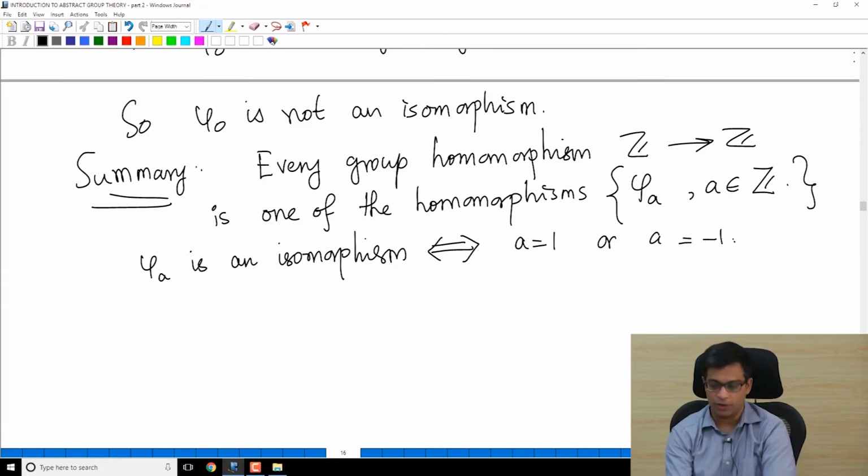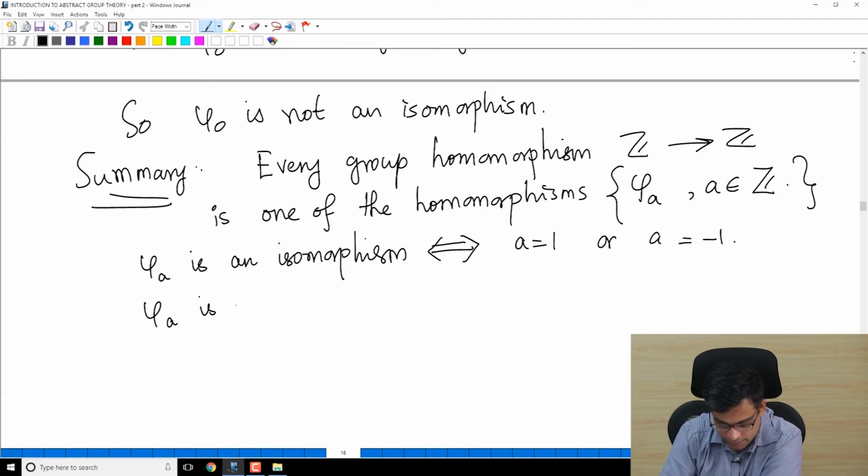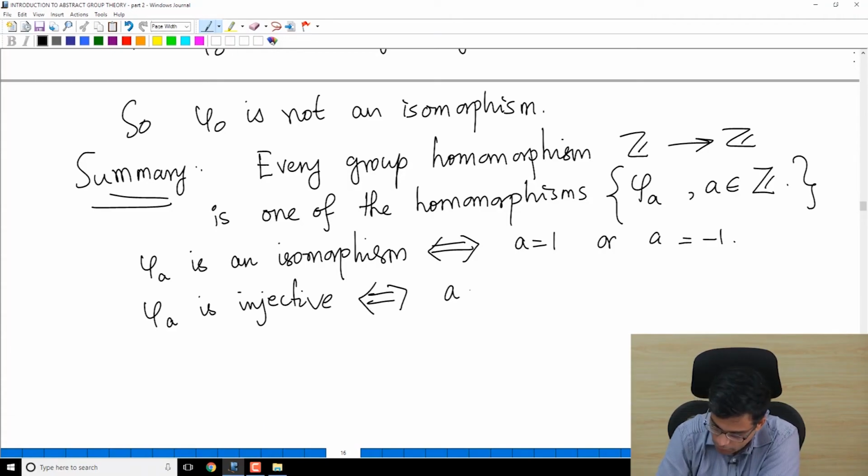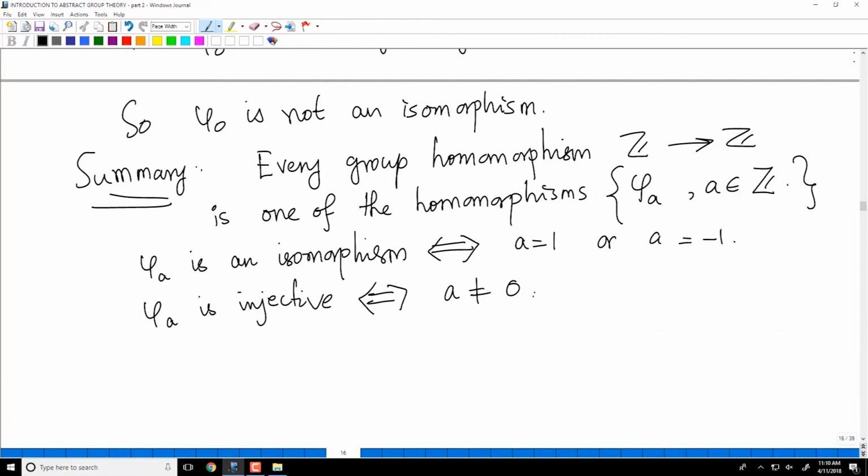This is the second problem that we did, right? It's an isomorphism only if A is 1 or minus 1. Phi A is injective if and only if A is not 0. This I didn't explicitly say, but it's an exercise for you. The reason that phi 2 was not an isomorphism was that it's not onto.